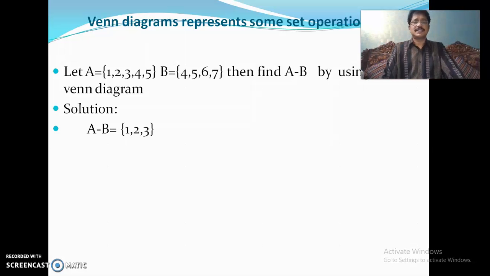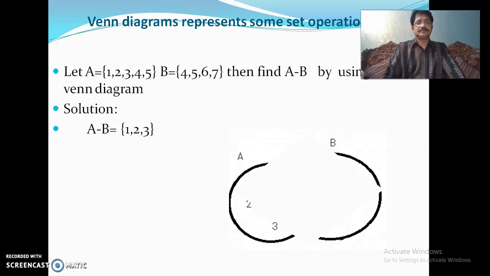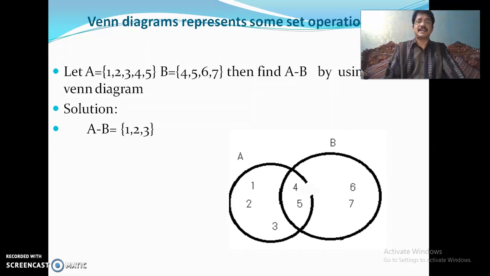If you observe both sets A and B, there are some common elements, 4 and 5. We can see the presence of 4 and 5 in both A and B, correct? 1, 2, 3 are present in A only, and 6 and 7 are present in B only. In this Venn diagram, set A is represented by one circle and set B by another circle.